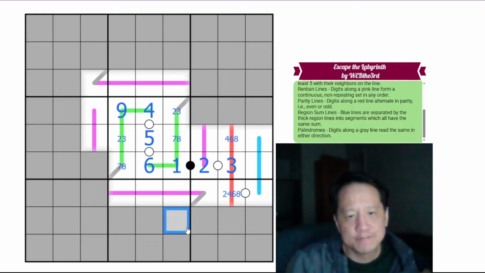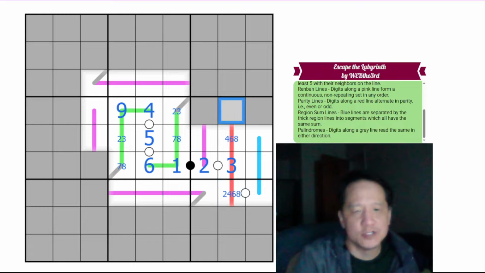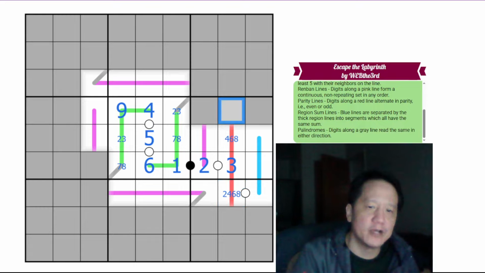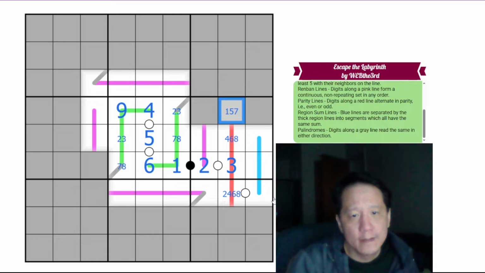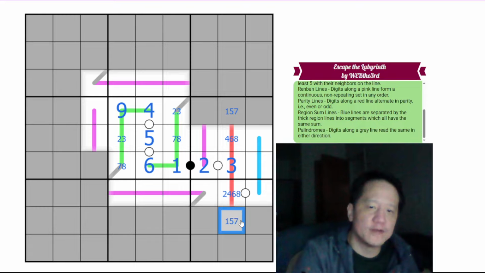Okay. This has to be an odd digit, so it cannot be 3 or 9. It's 1, 5, or 7. This is an odd digit. It's 1, 5, 7, or 9.